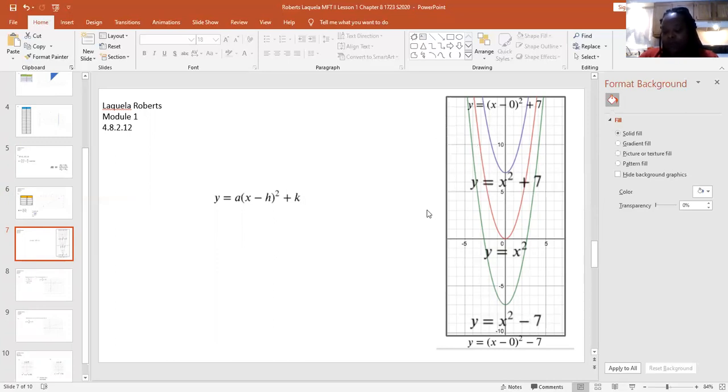When we graph the parabolas, we can see that they all have the same curve shape, but they are in different spots on the graph. As you can see, they all open up.